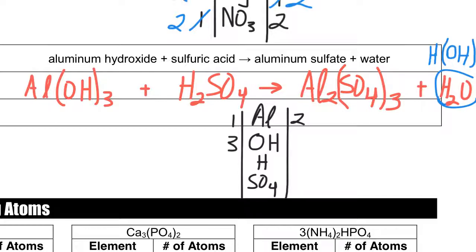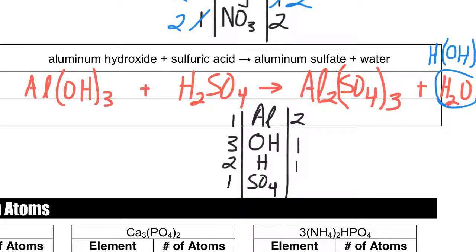How many on the right? Well, we have 1 water, so it's just 1 hydroxide. On the left, we have 2 hydrogens. And on the right, just 1.